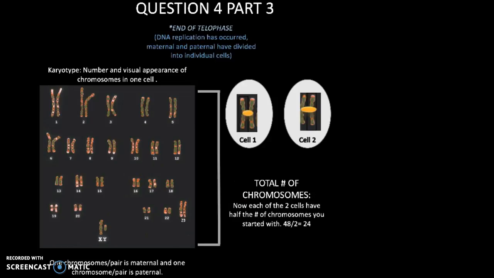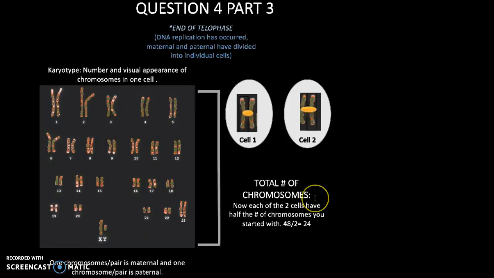Okay, so let's move on to part number 3. So this is asking what's happening at the very end of telophase. So you need to know what's going on at that point. So DNA replication has occurred. Maternal and paternal chromosomes have divided into individual cells. So at this point we have 2 separate cells, and the pairs have separated, okay?